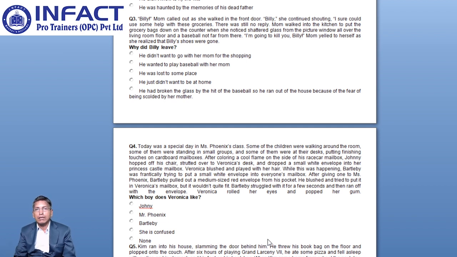So the inference could be he had broken the glass by the hit of the baseball, so he ran out of the house because of the fear of being scolded by his mother, because the shoes of Billy were not present at home. So that could be the reason, and hence option 5 could be the right answer.